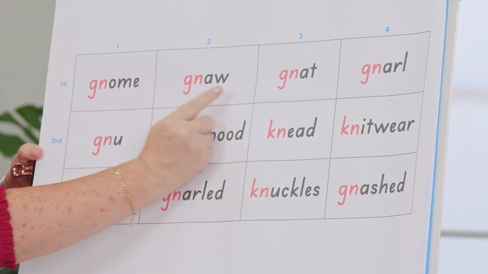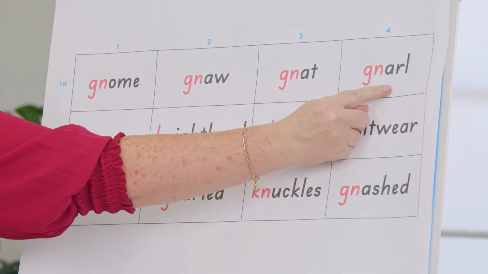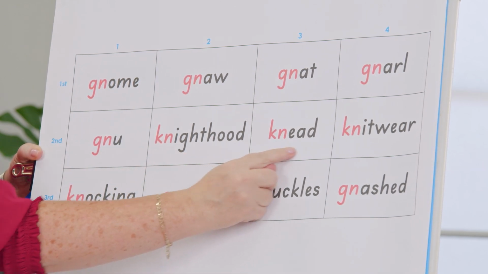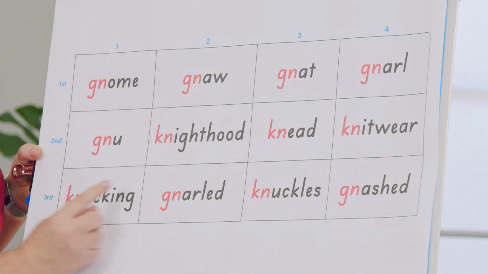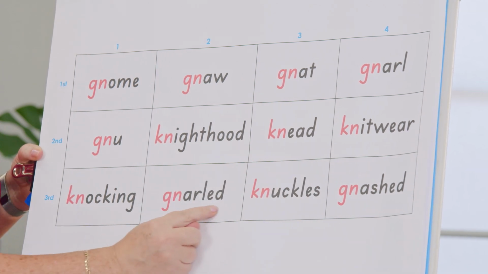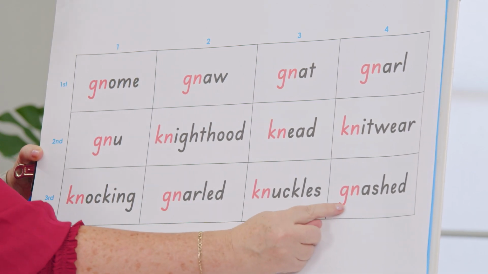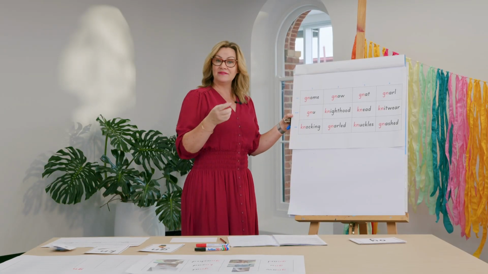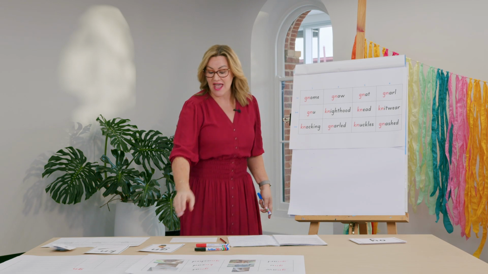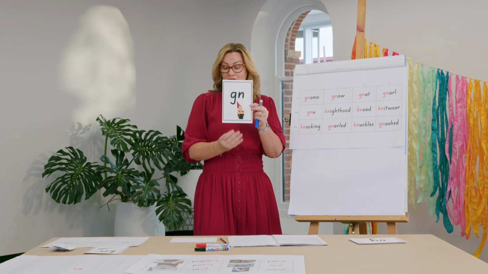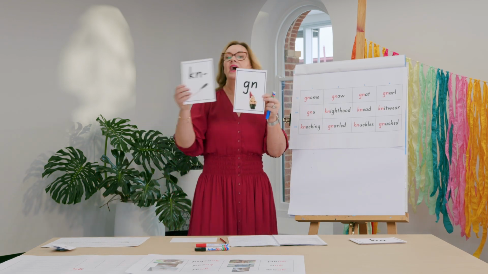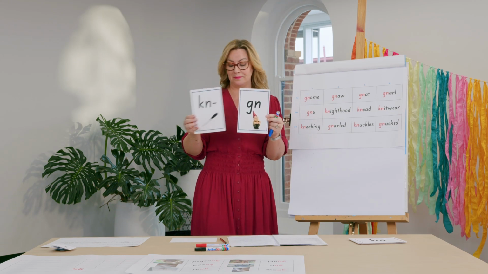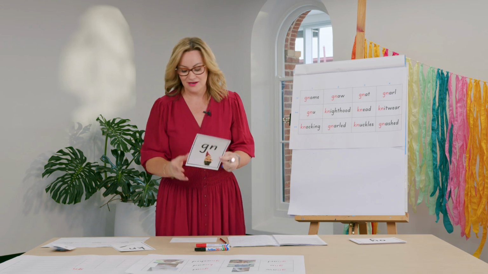Gnome, gnaw, gnat, gnarl, new, knighthood, need, knitwear, knocking, gnarled, knuckles, gnashed. So you can see we have some of our GN grapheme, and we also have some of our KN grapheme, all representing that phoneme.